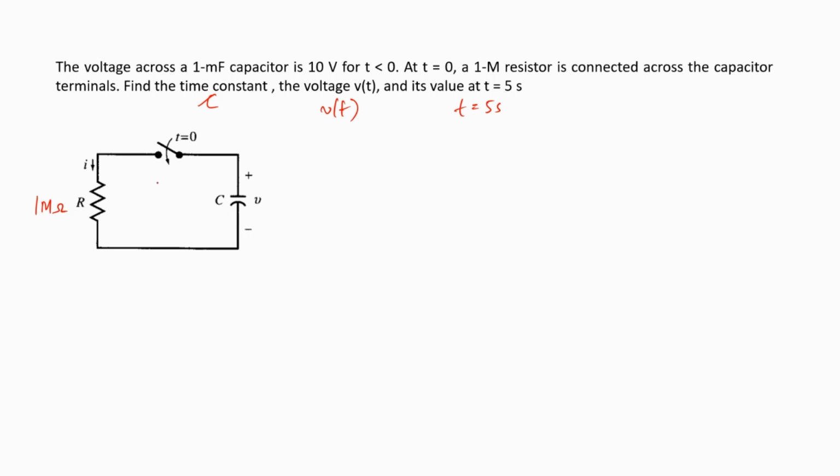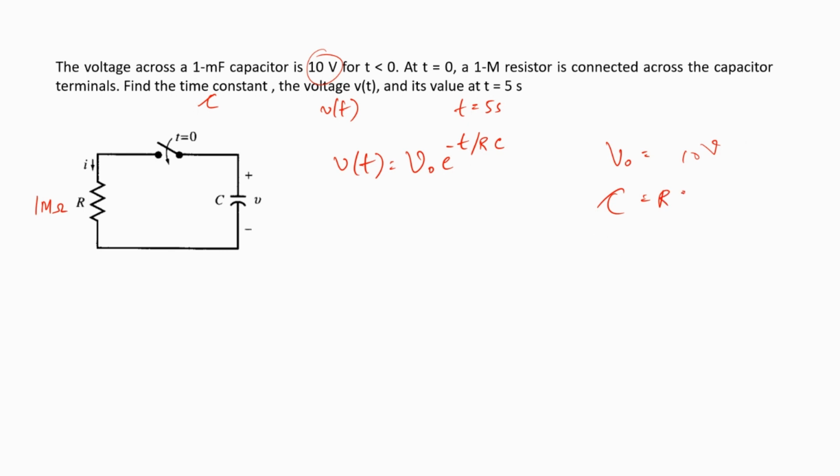So we know that this is the pure case of a capacitor getting discharged through the resistor. So we can say that V of t is nothing but V naught e power minus t by RC. Here, V naught is the initial voltage and it is clearly 10 volts as given in the problem. And RC is the time constant.